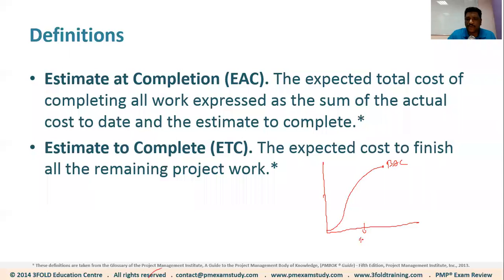Let's say this is today. This should be your planned value. Your actual cost could be right over here, and your earned value could be, for example, right over here. The difference between the actual cost and the earned value is your cost variance, and the difference between the planned value and the earned value is your schedule variance. Okay, well, if this is what you mean.